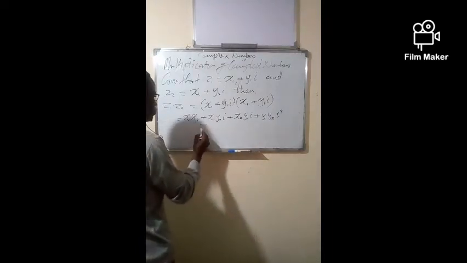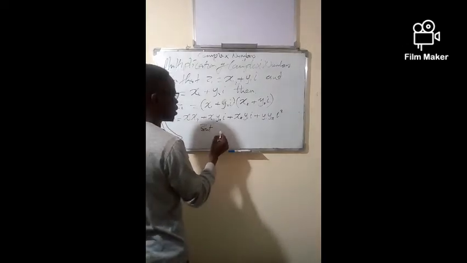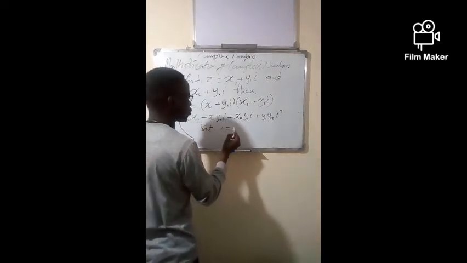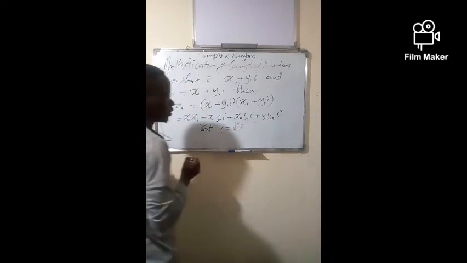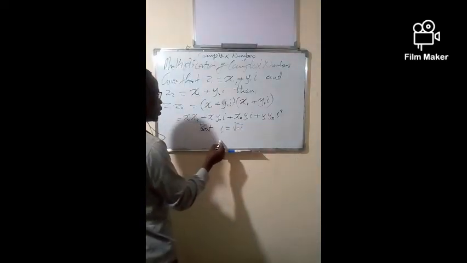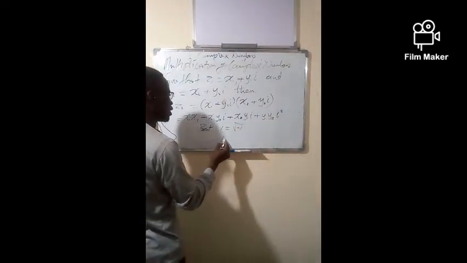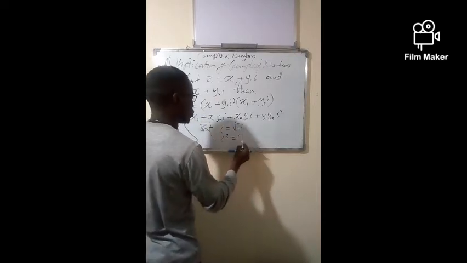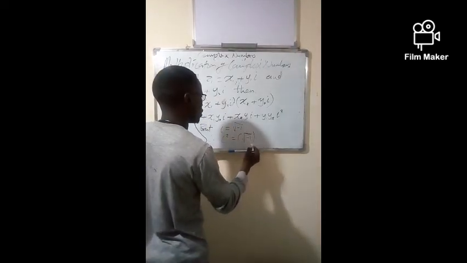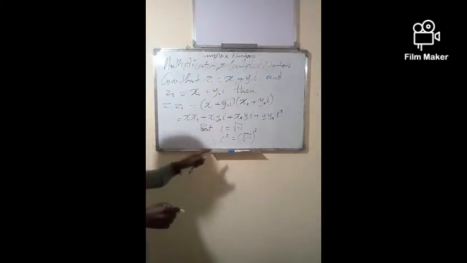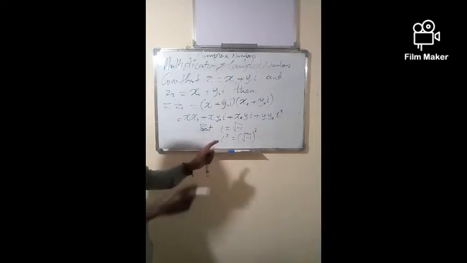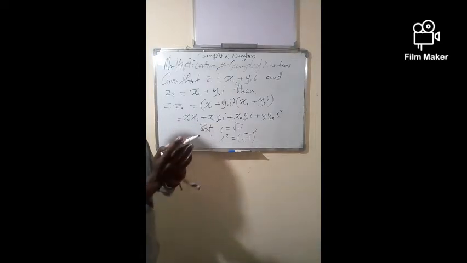But remember, I is equal to root of -1, isn't it? So therefore, I squared is equal to root of -1 squared. If I is equal to root of -1, then I squared is equal to root of -1 squared.